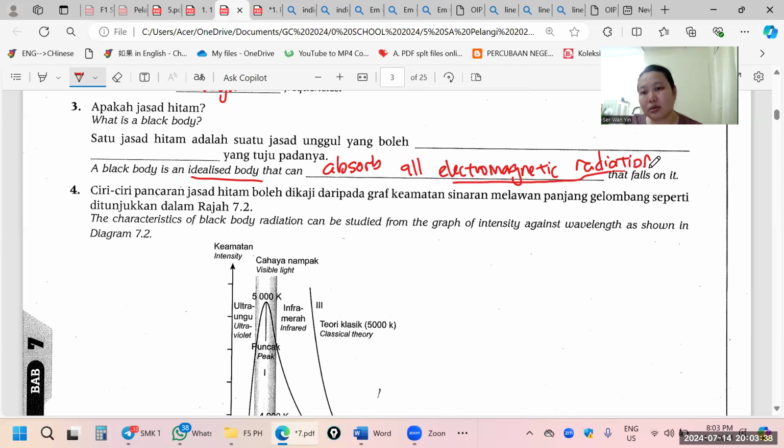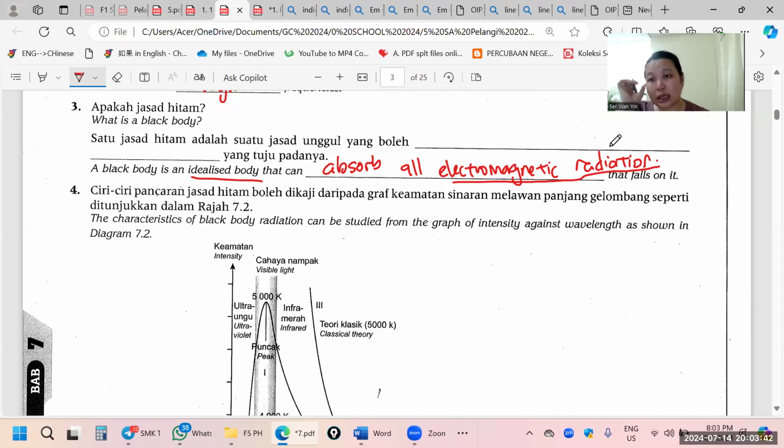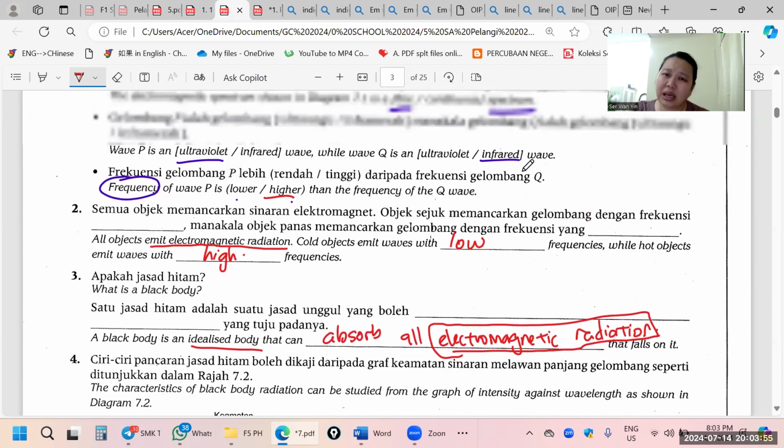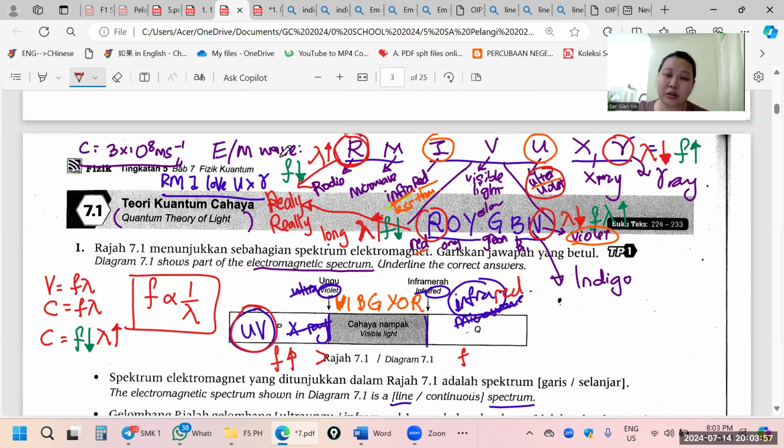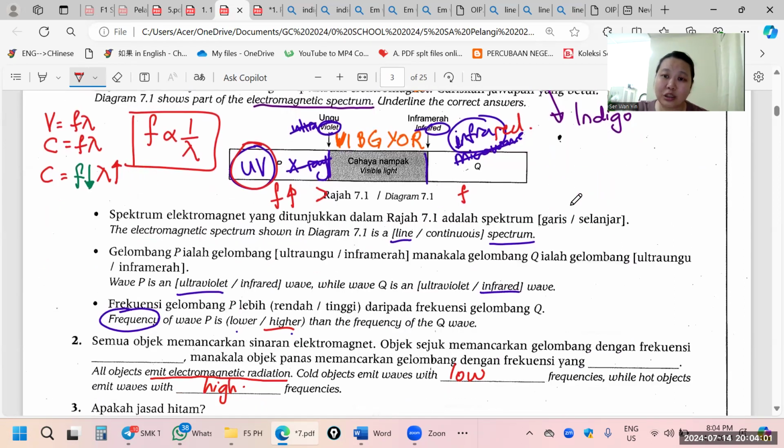So radiation means something coming out from a body, like from the sun. All EM waves that fall on it. And what is EM wave? This spectrum, all of this is called EM radiation.